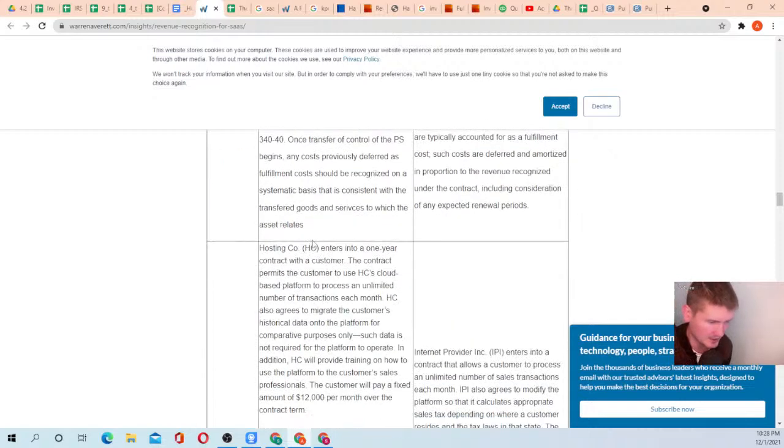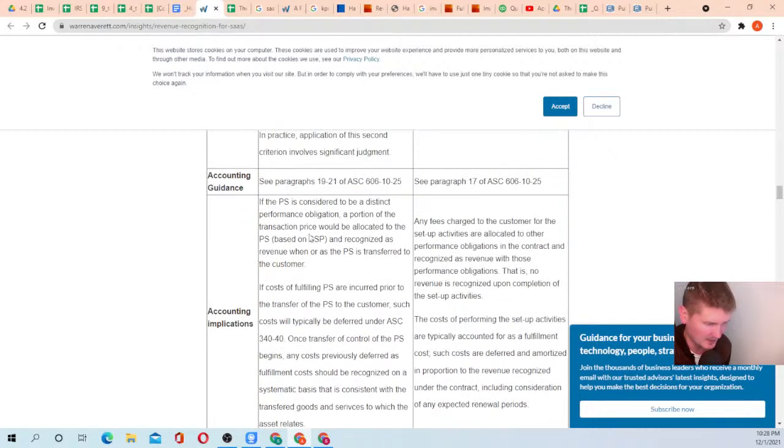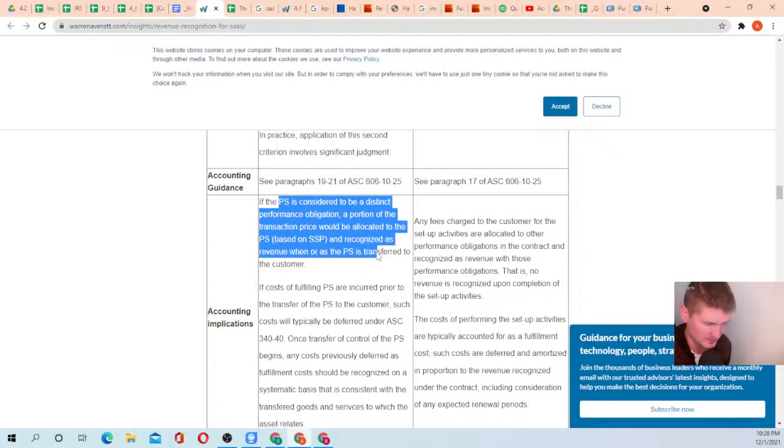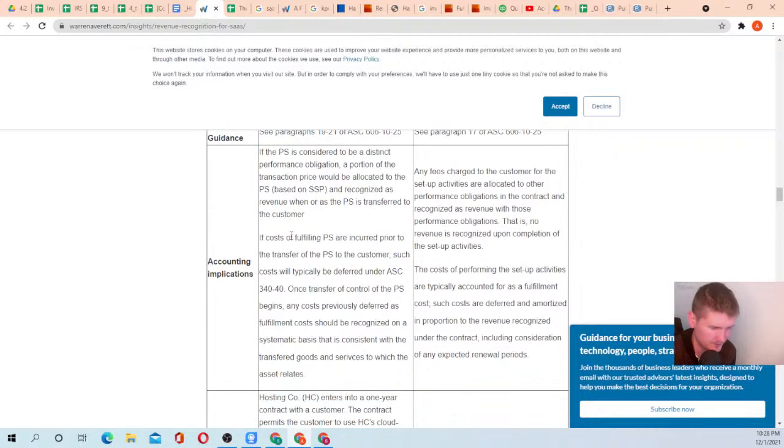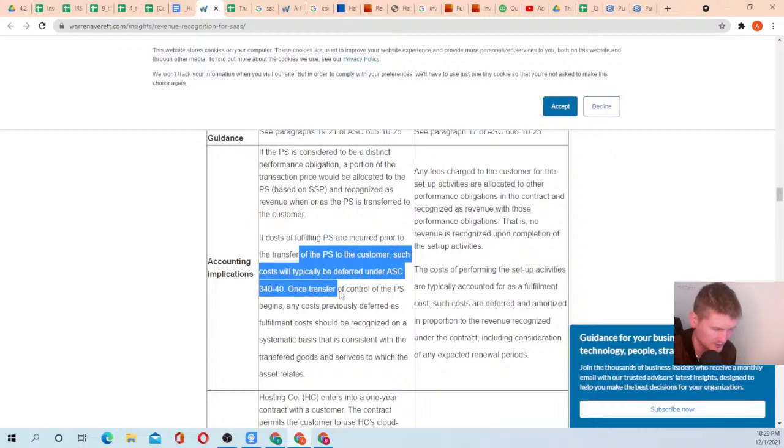And let's see the accounting treatment. If professional service is considered to be a distinct performance obligation, a portion of the transaction price will be allocated to the professional service based on standalone selling price and recognized as revenue when or as the professional service is transferred to the customer. If costs of fulfilling the professional service are incurred prior to the transfer of the professional service to the customer, such costs will typically be deferred.